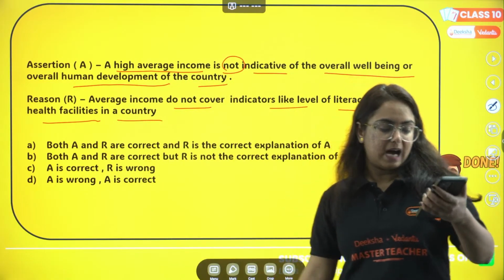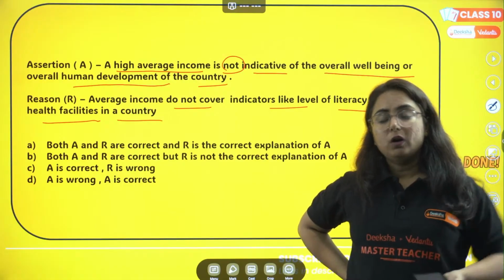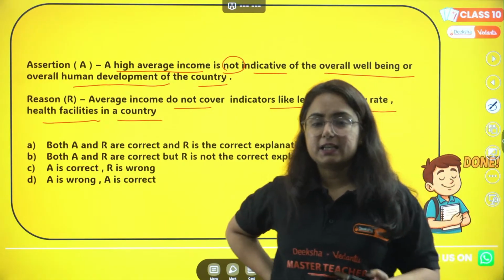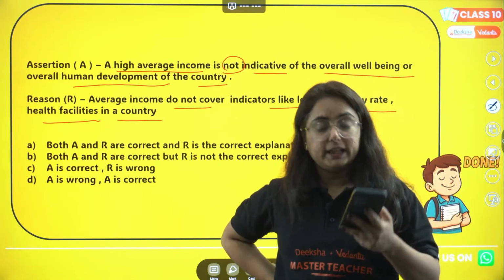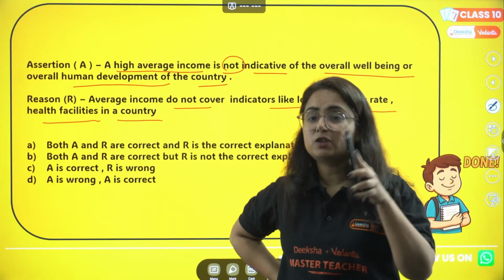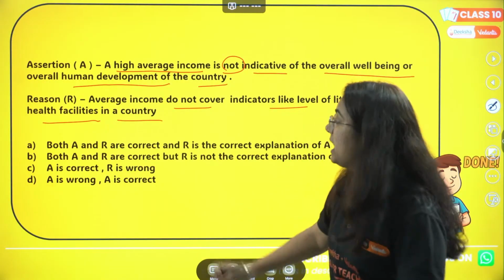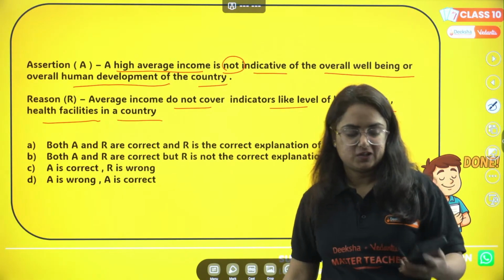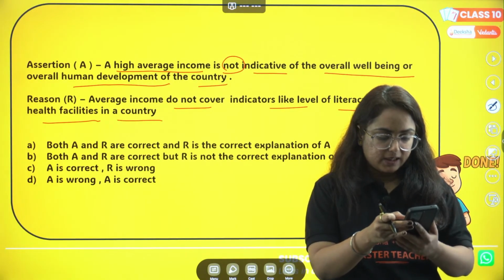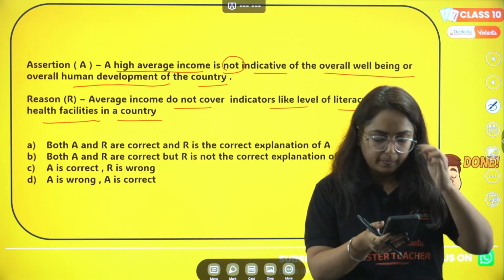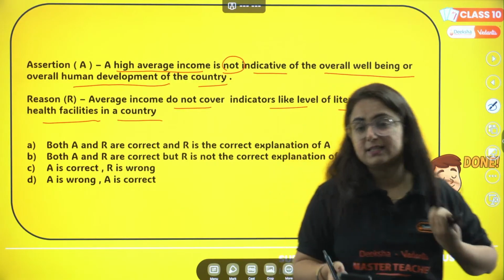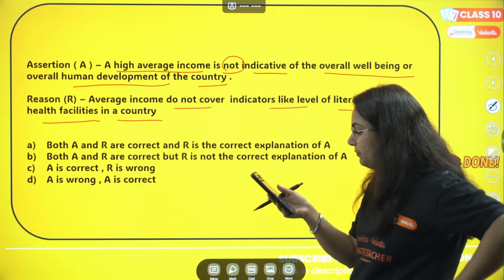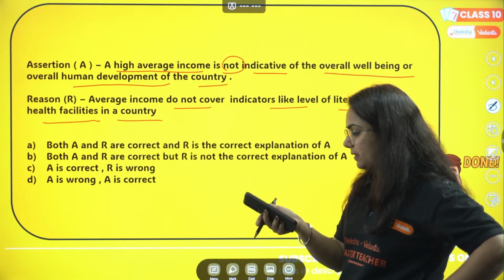The options are in front of you. Both A and R are correct, and R is the correct explanation of A. Both A and R are correct, but R is not the correct explanation of A. A is correct, R is wrong. A is wrong, and R is correct. So, give the correct answer here. Rohit has given me the answer A. Fine. Others also give the answer.